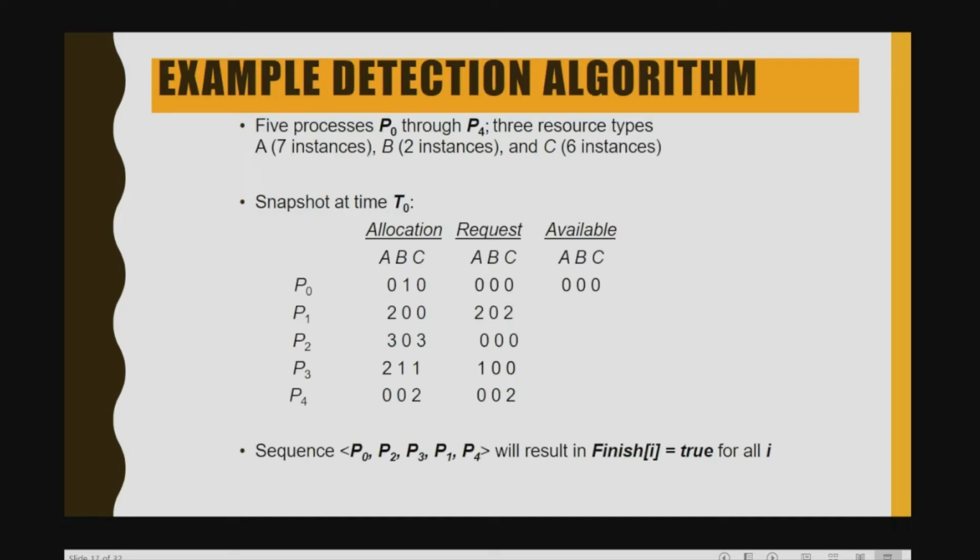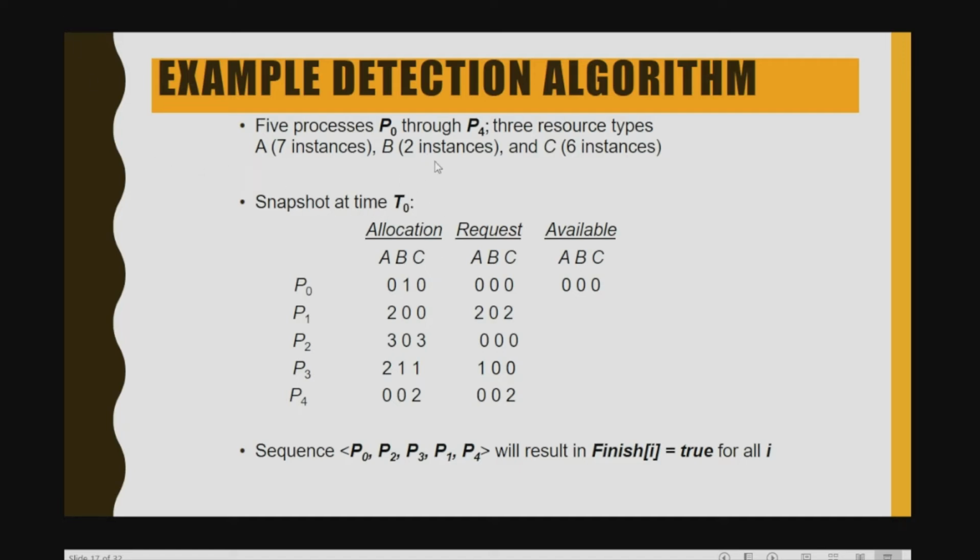So, an example of the detection algorithm. Okay, let's say we have 5 processes, process 0 until process 4, and we have 3 resource types A, B, C. For A, we have 7 instances, B we have 2 instances, and C we have 6 instances. Instances inside the resources. Okay, so this is the snapshot at time 0.